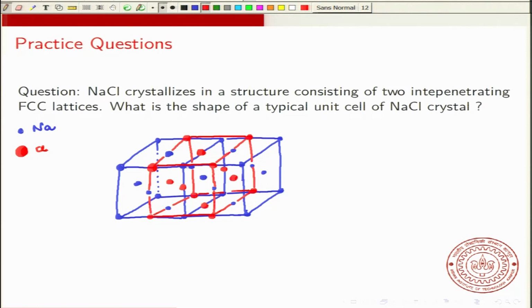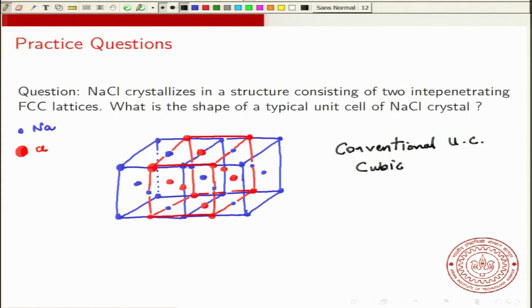You can construct a typical unit cell. The conventional unit cell is cubic. Now, there are a few choices on how exactly to take your unit cell.